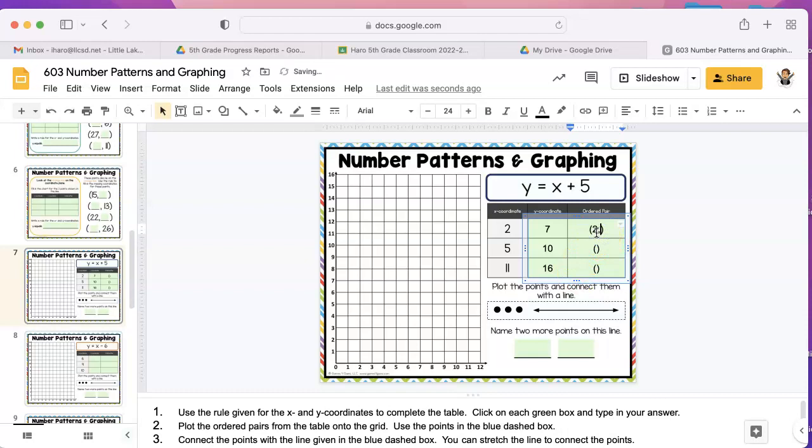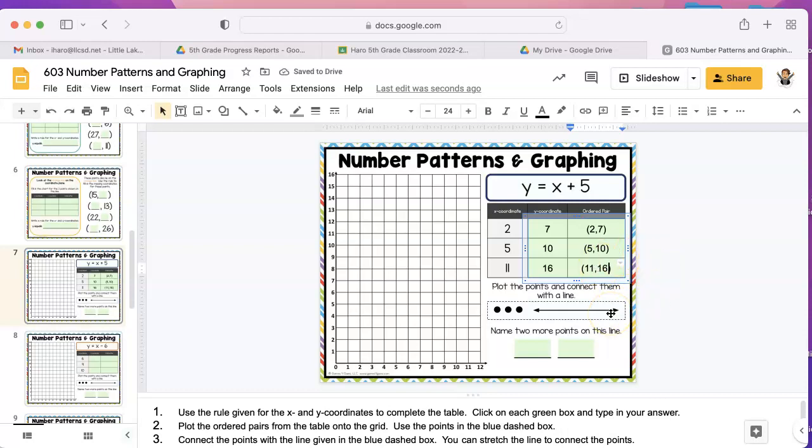So 2 comma 7, 5 comma 10, and 11 comma 16.